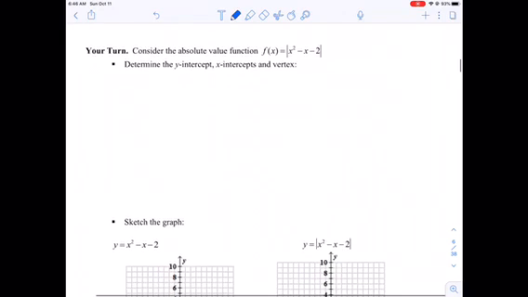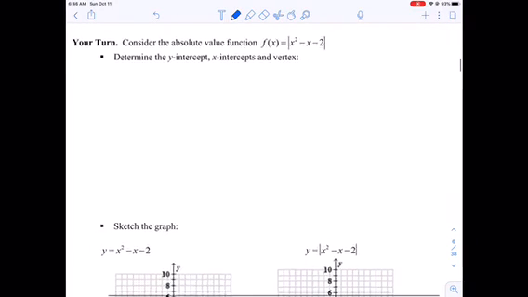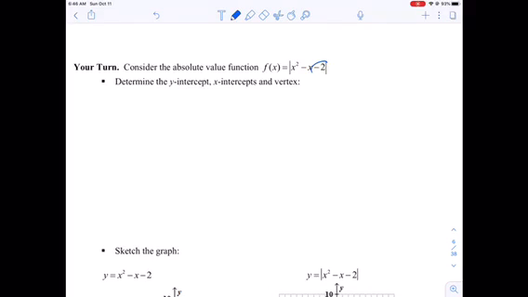Okay. I would try this one more time, but maybe we'll just do this together quickly. The y-intercept right away, if I were to graph y equals x squared minus x minus 2, the y-intercept is negative 2. When x is 0, y is negative 2. Our x-intercept, I'm going to try factoring, which we can easily.